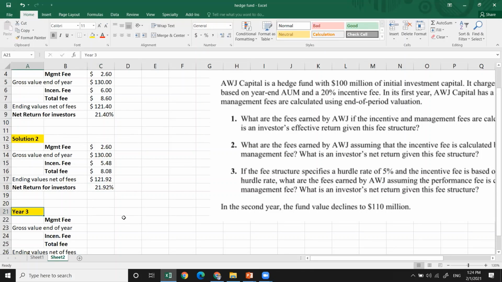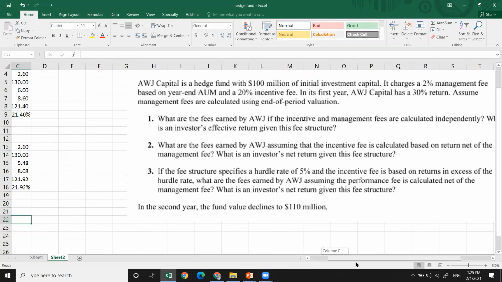And let us move to solution 3. In solution 3, we estimate the management fee exactly in the same way.